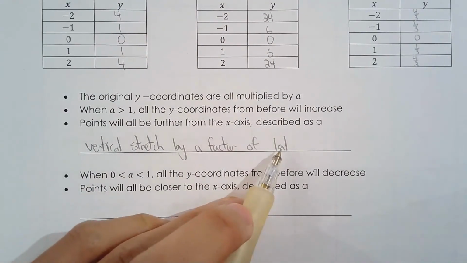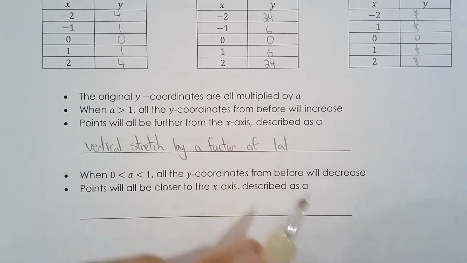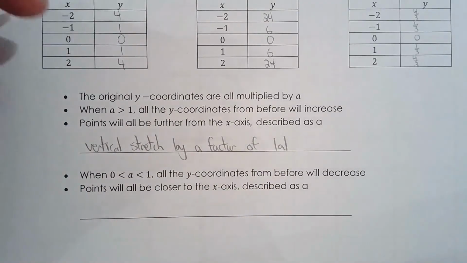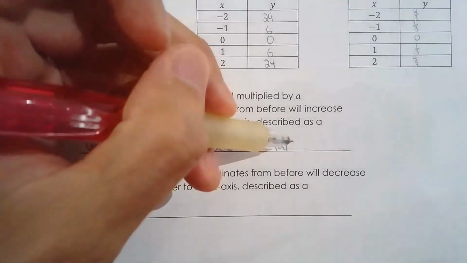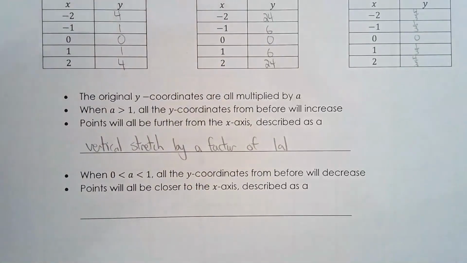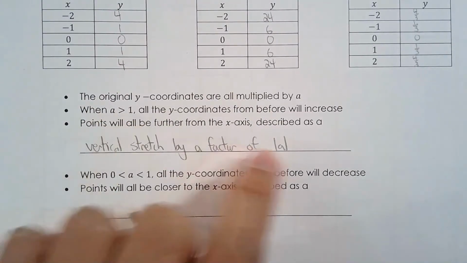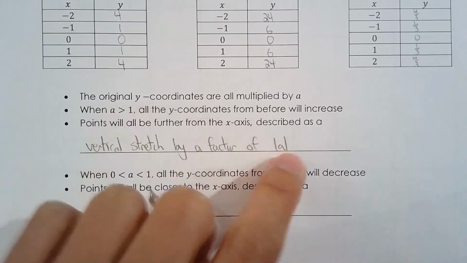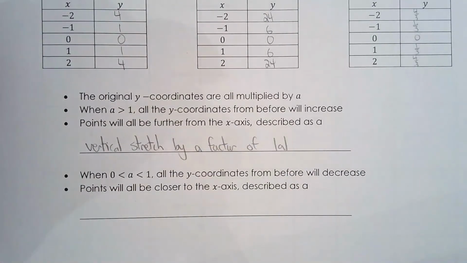If a is negative, it has nothing to do with the stretch factor. When we talk about the stretch factor, we only care about the magnitude, the size of a. Is the magnitude of a greater than 1 or between 0 and 1? Well, actually it says when a is greater than 1, so you know it's positive. I'm just going to leave it like that though, because it's good notation when a is negative.